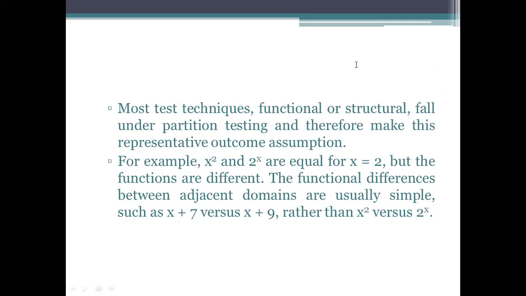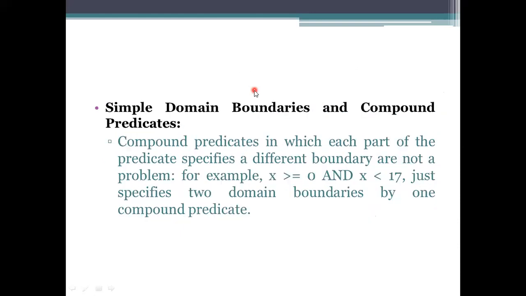And coming to the other representation, there are simple domain boundaries and compound predicates. While using a predicate, meaning conditional statements, sometimes we use compound predicates. Compound predicates means we may use the values we are representing in the input variables, which may be x, y, or some other representations.